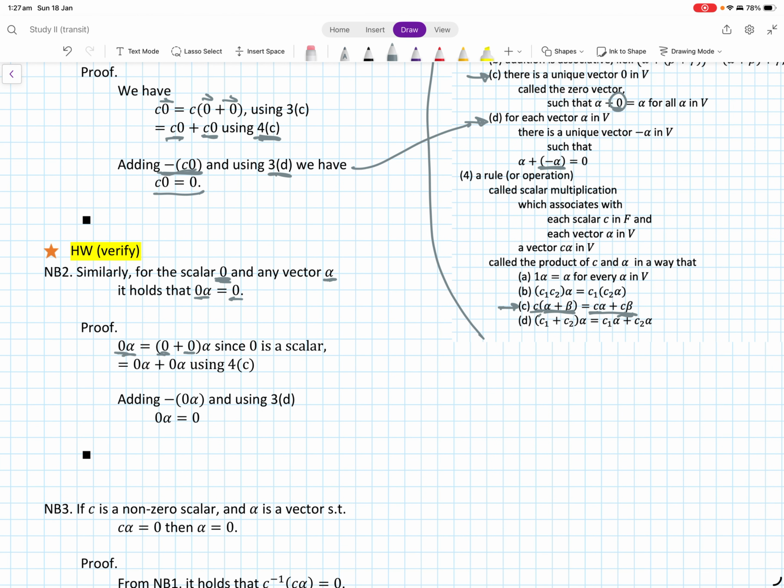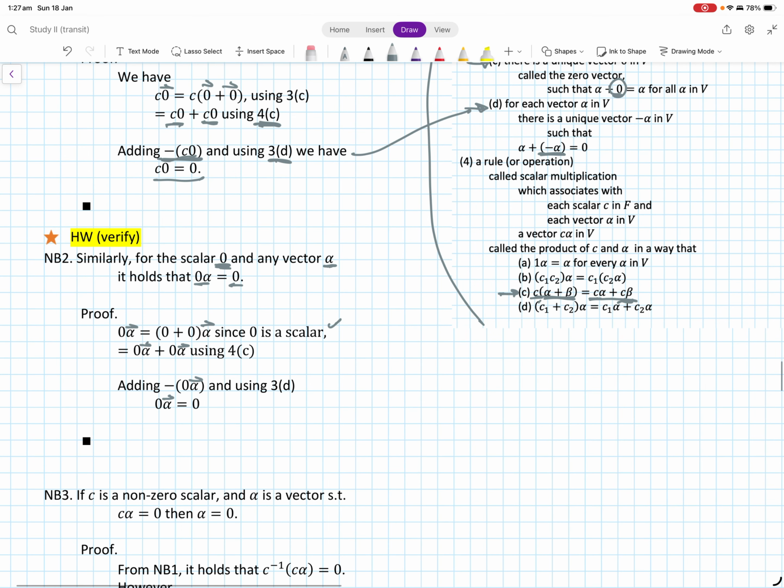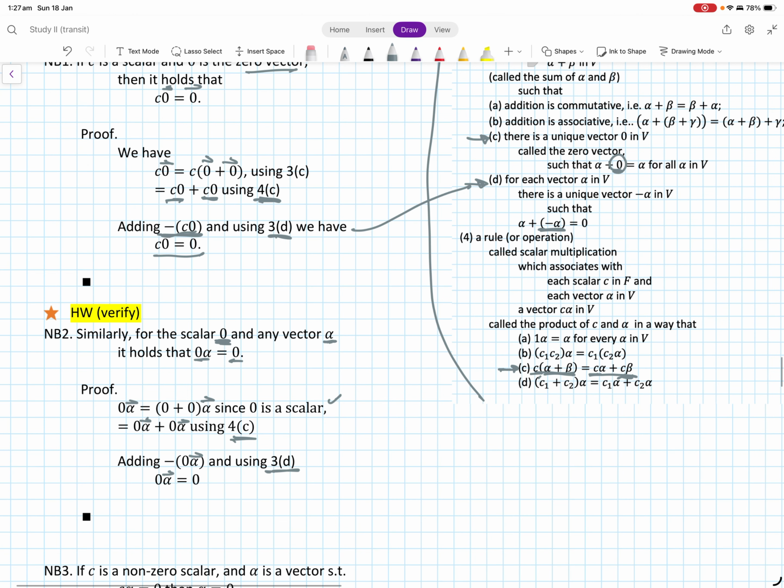Now, similarly, one can do something similar for the scalar and any vector alpha. So now, because 0 is a scalar and alpha is a vector, I'll just put these arrows for the vector. So one can simply add 0 plus 0, and that is fine because it's a scalar. And then one can again use 4C to distribute it, and then finally one can add minus 0 alpha, using 3D, exactly as we did before.